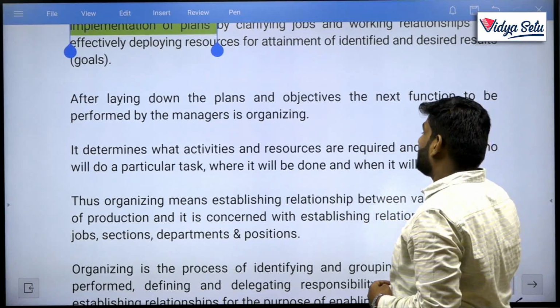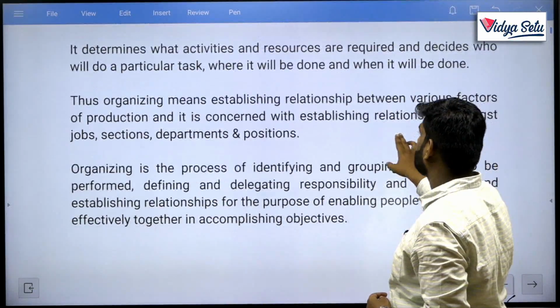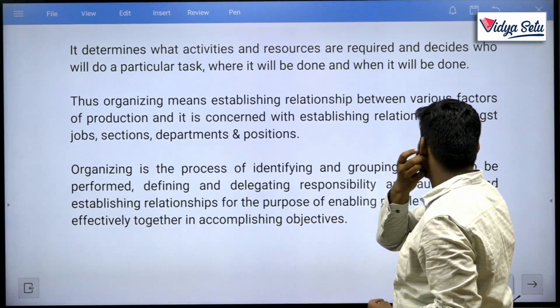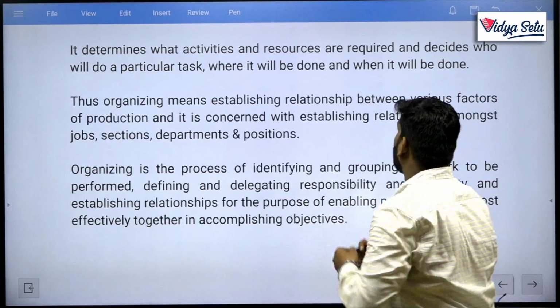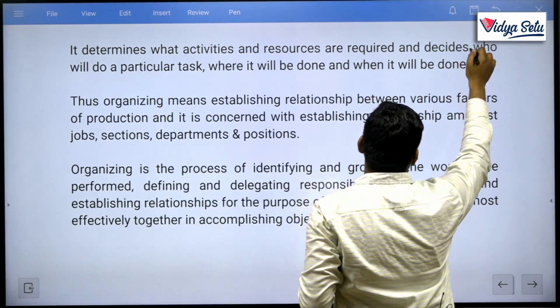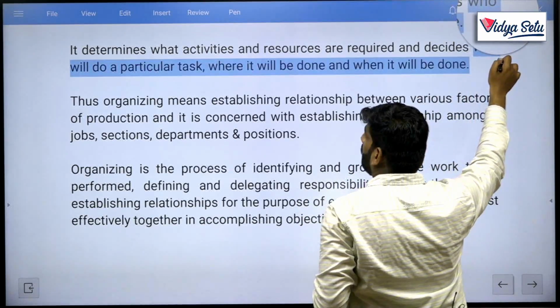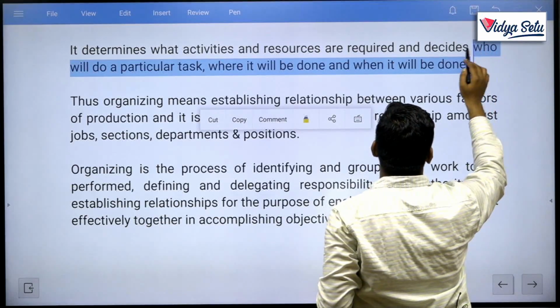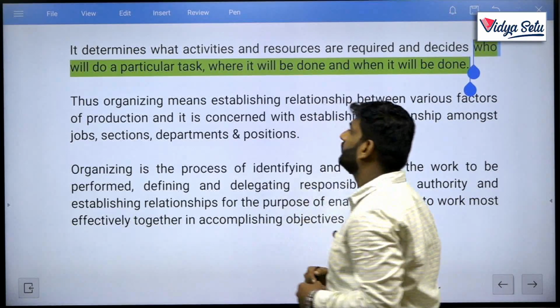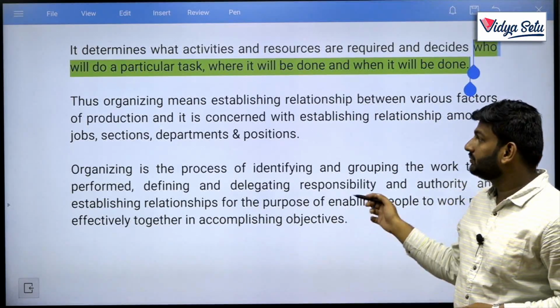It determines what activities and resources are required and decides who will do a particular task, where it will be done and when it will be done. Clear, my friends?